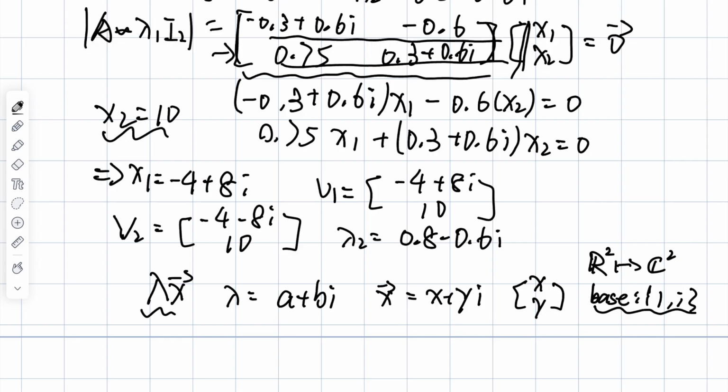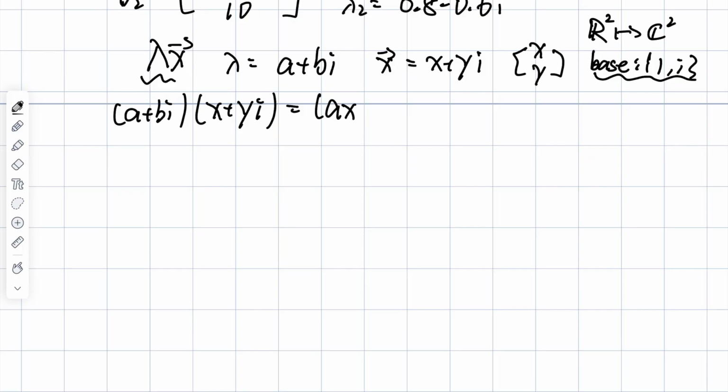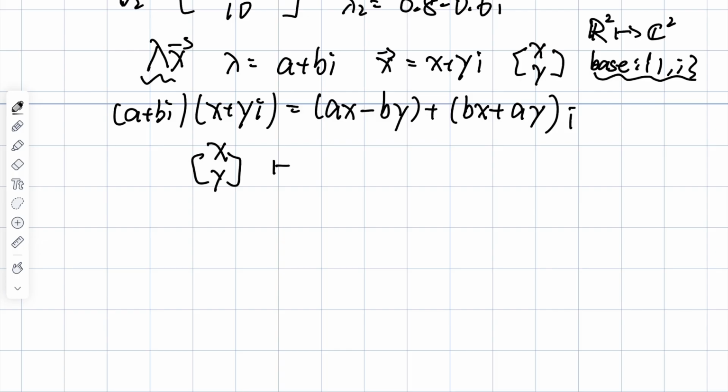Lambda times x gives you (a plus bi) times (x plus yi), which equals (ax minus by), because i squared is -1, plus (bx plus ay)i. If we write x as (x, y), then it gives you a linear transformation by a matrix times (x, y).